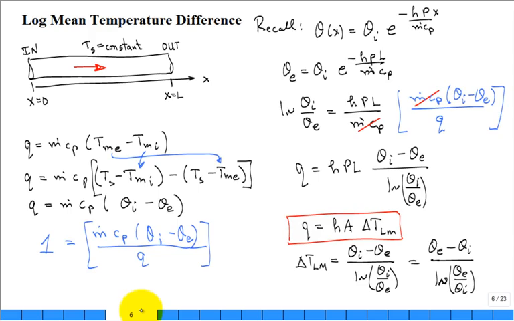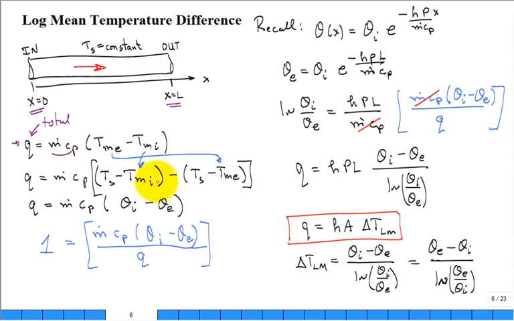Well, here's a little bit of a derivation. It's for a log mean temperature difference. Let me sort of summarize it for you here. So you have x equal to 0 and x equal to L. And you have an energy balance where you have that the flow times the temperature difference, that's the total heat coming in, the total amount over the entire area.